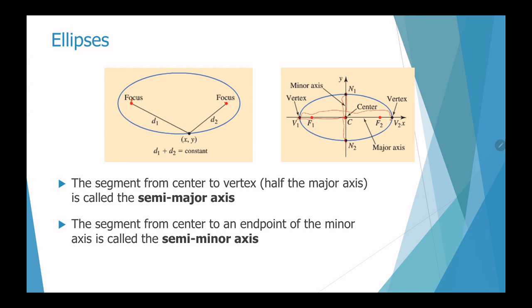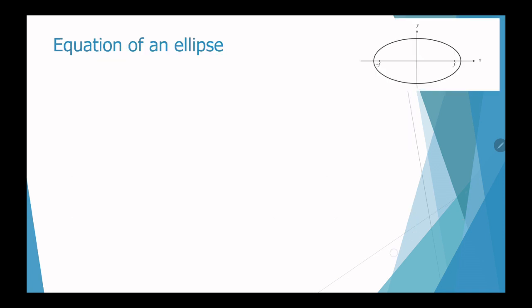My hope is you guys are comfortable with the idea that there's an equation that says you have a circle, and in basic terms, it's x squared plus y squared equals some r squared, right? And that's a circle. We know that's a circle. Let's see how we get an equation of an ellipse.